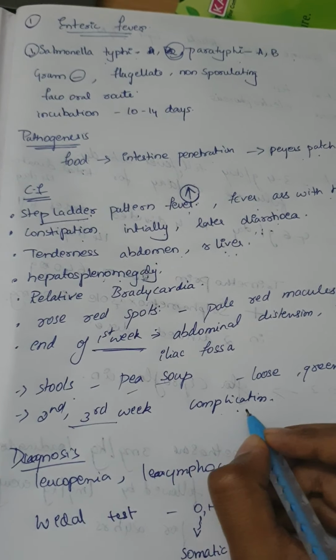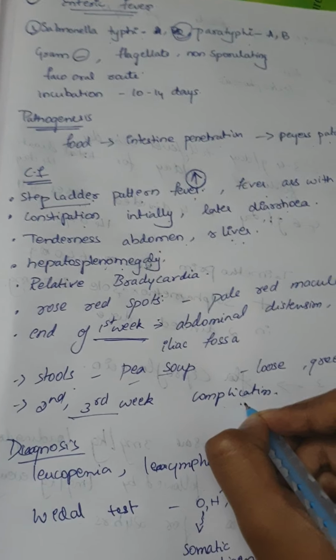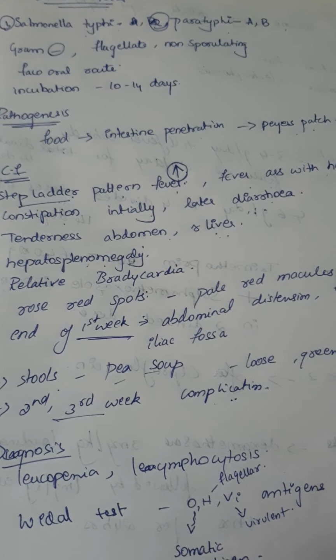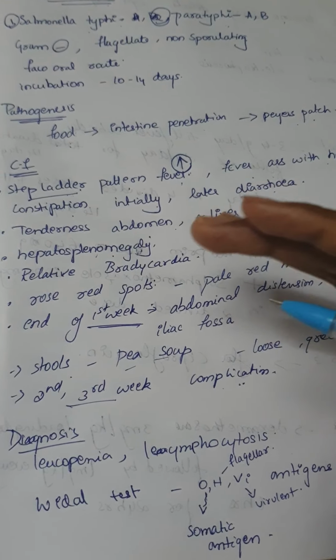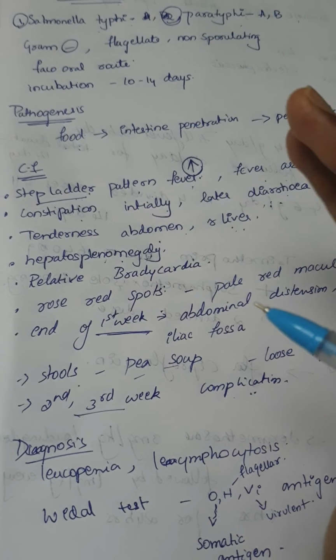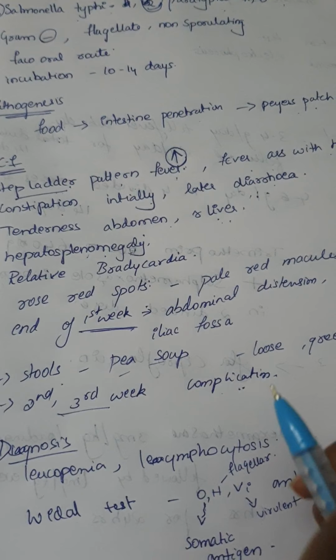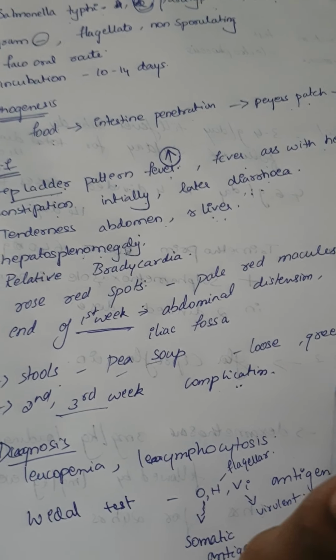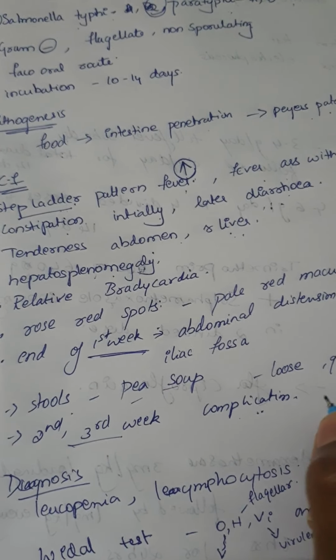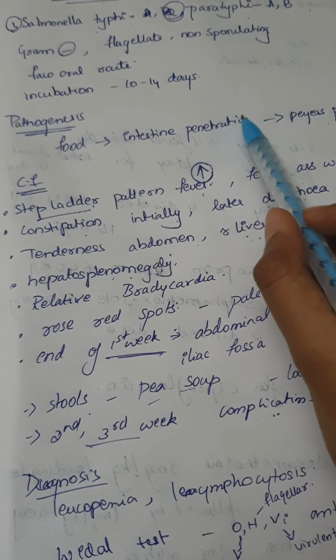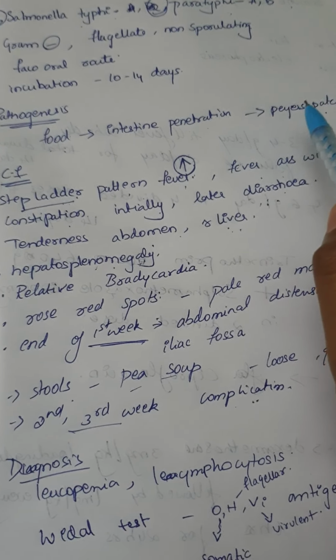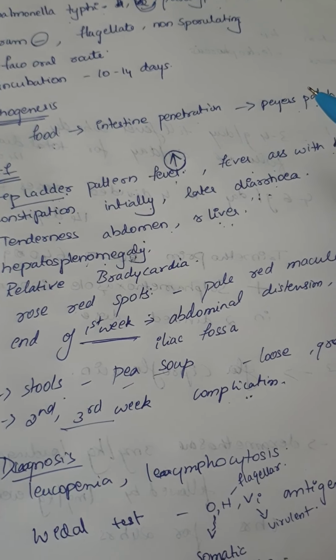As I mentioned about the complications, let me give you a brief. Generally, when you see this pathology, you yourself can understand what can happen. Think about toxemia, dehydration, peripheral circulatory failure, DIC. Since it's affecting the GIT, as I told you, there are perforations and intestinal hemorrhages, right?